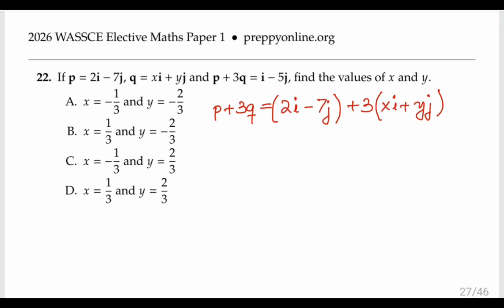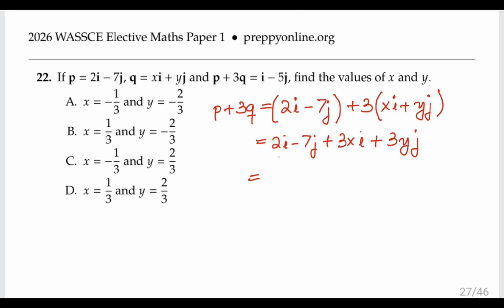All right. So we simplify the right-hand side. We can write this as 2i minus 7j plus 3xi plus 3yj. So we put all the expressions in i together, and all the ones in j together.